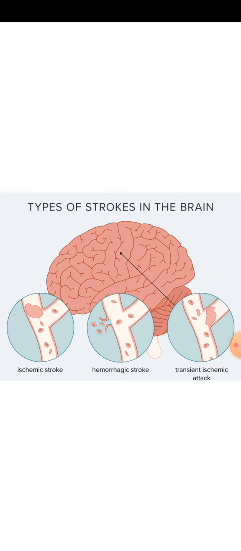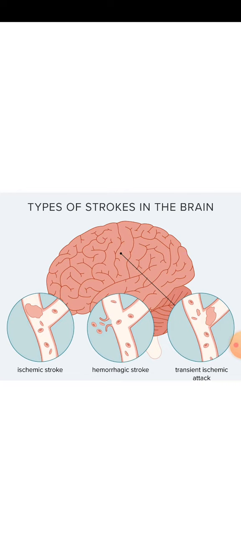And transient ischemic attack is, for example, an atherosclerotic condition where there is any lipid or plaque, so that leads to interruption in the blood supply to the particular area.